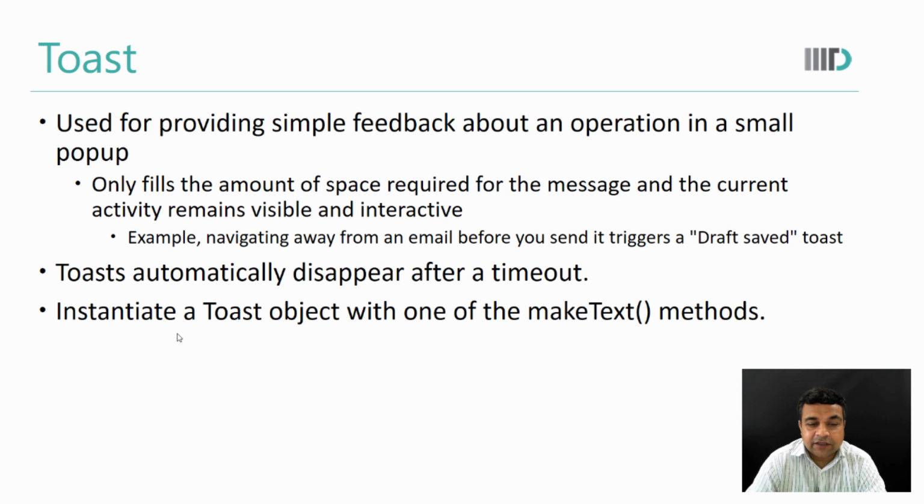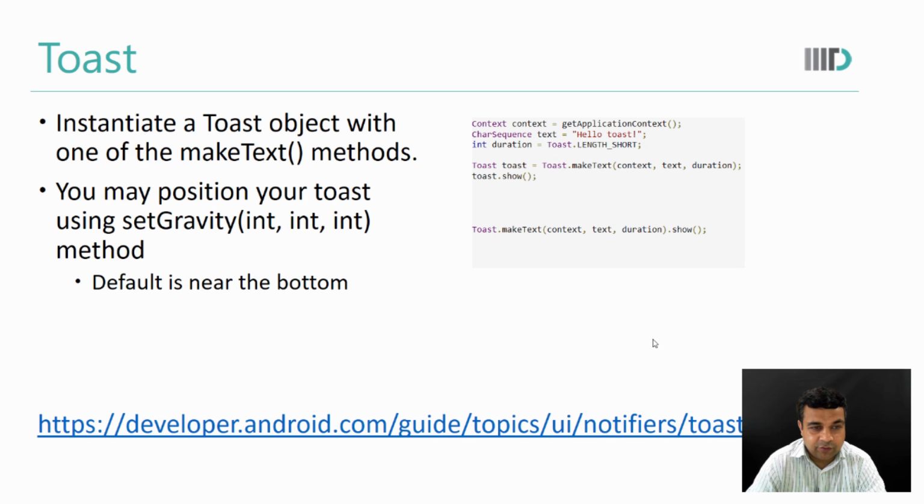We usually instantiate a toast object with one of the makeText methods. Let us look at that in more detail. Here is a sample code. I am calling makeText, which takes three parameters. One is the context, another is the text, and the third is the duration, and then we call show. We can directly call makeText from the class because makeText is a static method, by providing correct parameters.